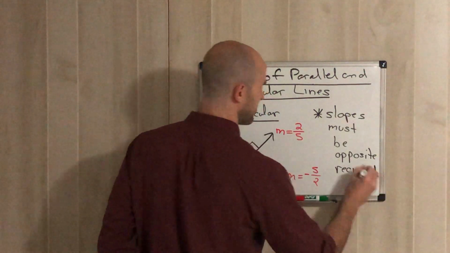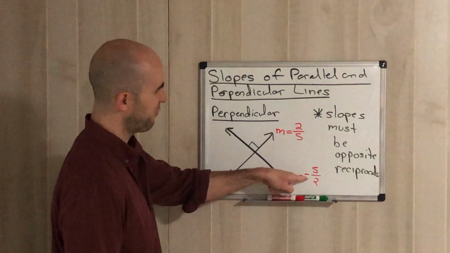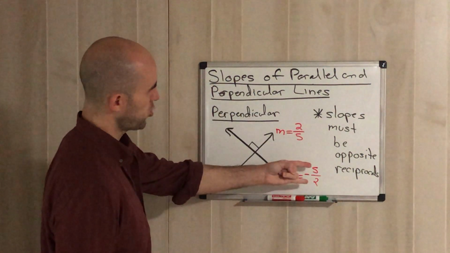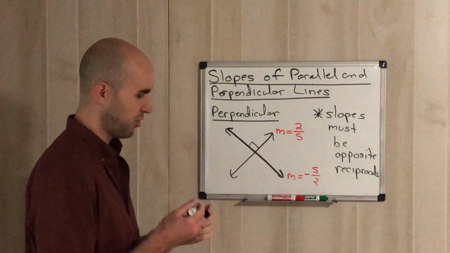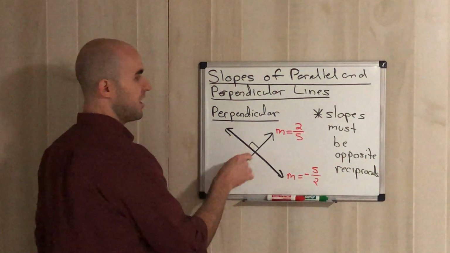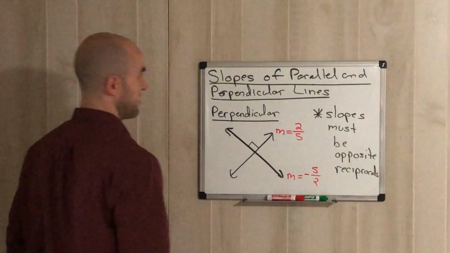Opposite means that the signs are going to be opposite, one's positive, one's negative, and the reciprocal just means that we literally swapped the fraction, right? Instead of being 2/5, it becomes 5/2. That's what it means to be opposite reciprocal. So whenever it's perpendicular, the slopes have to be opposite reciprocal.